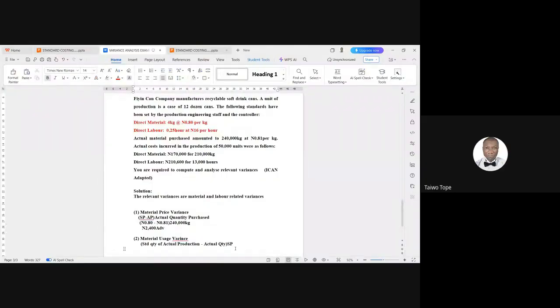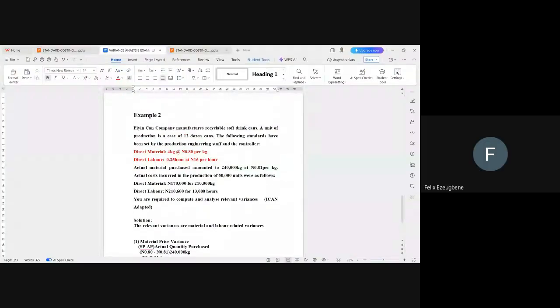Going by the question, our standard quantity of actual production will be what? 4, in relation to the actual production.